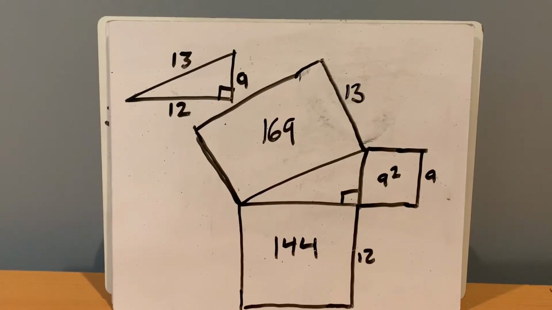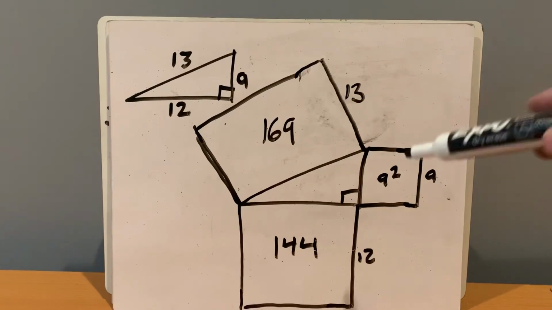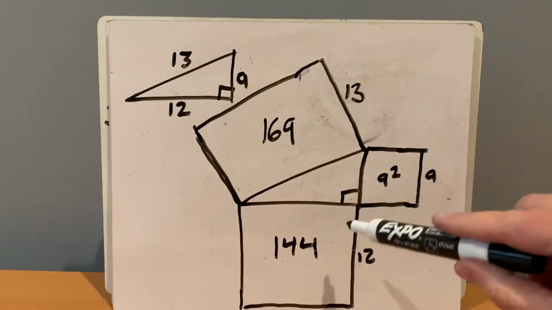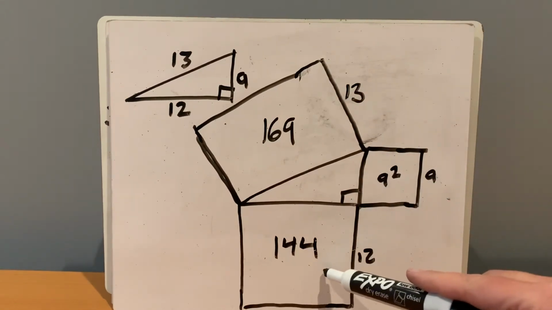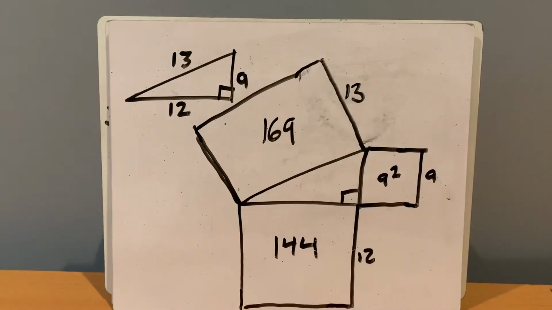The area of the second largest square is 12 by 12, which is 144. Now, we can use that information to find out A. We know that A squared plus 144 will equal 169.